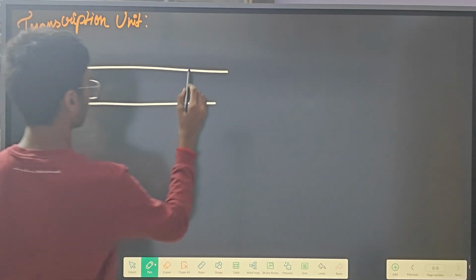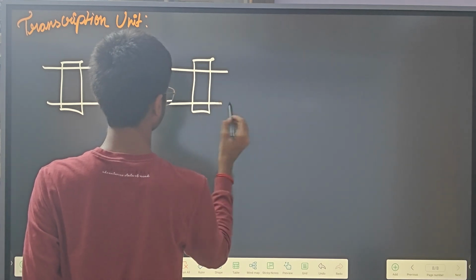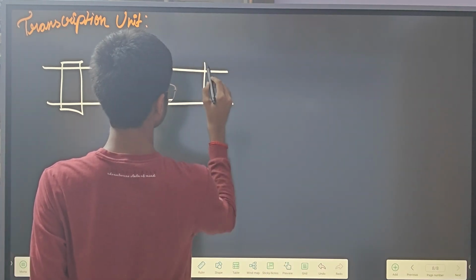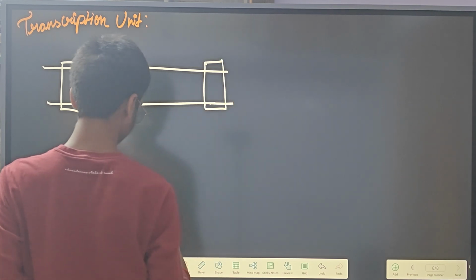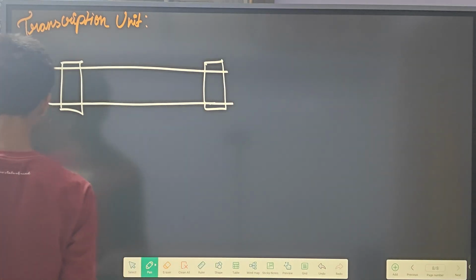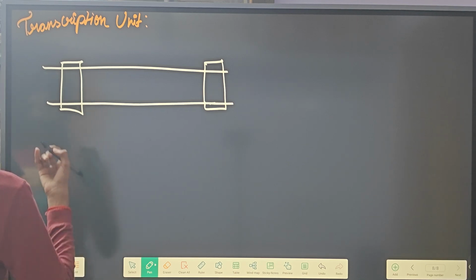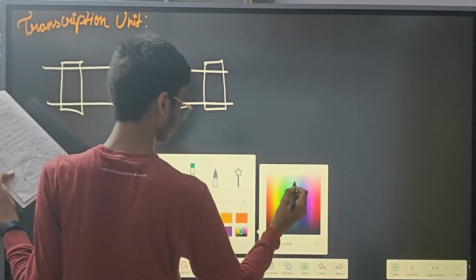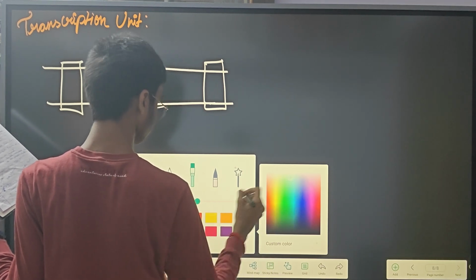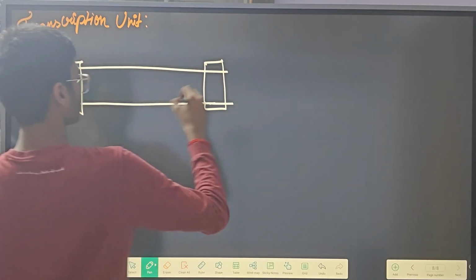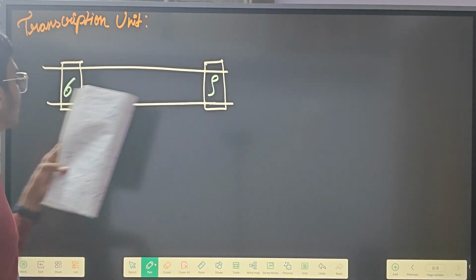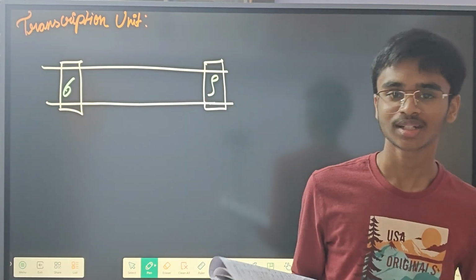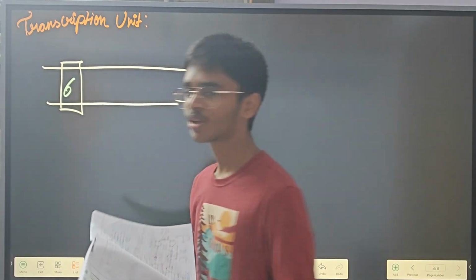Here one factor will be there, and here also one factor will be there: here sigma, and here rho.